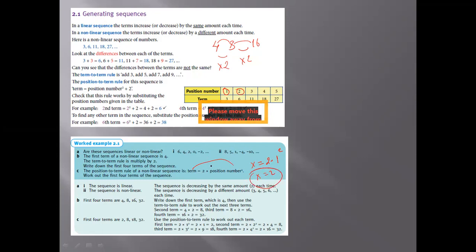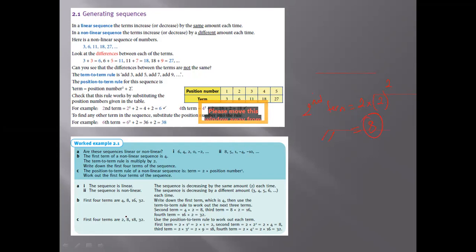Okay, and what about the second term? The second term means the position number must be 2. So the second term is equal to 2 times the position number 2 squared. 2 squared is 4, and 4 times 2 is 8.